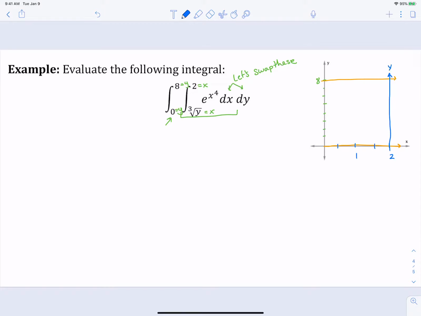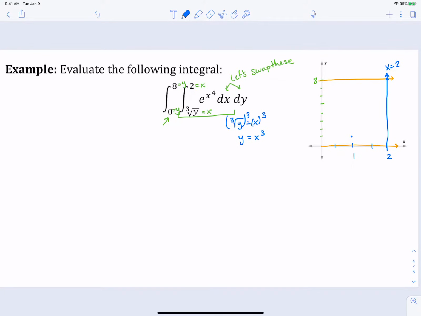So there's x equals 2, that's a vertical line. X equals the cube root of y. Well, we could graph it that way, or we could cube both sides, and get y is equal to x cubed. That we can graph. Let's see, that goes through the point 1, 1, and it also goes through the point 2, 8.